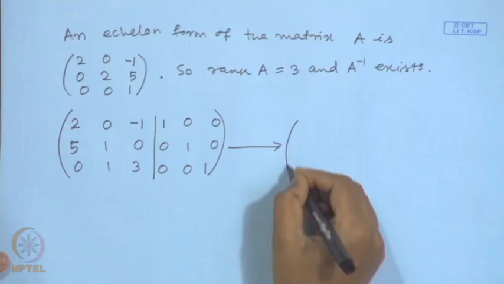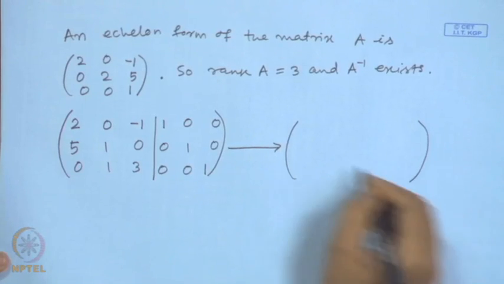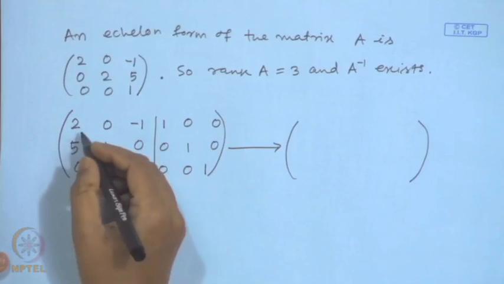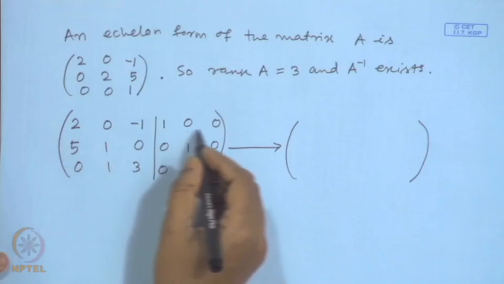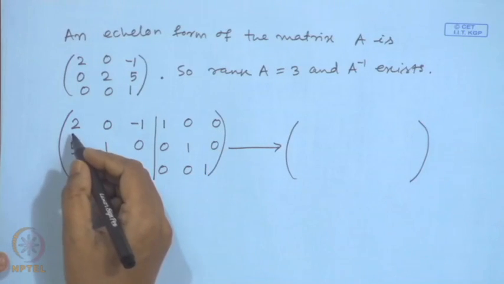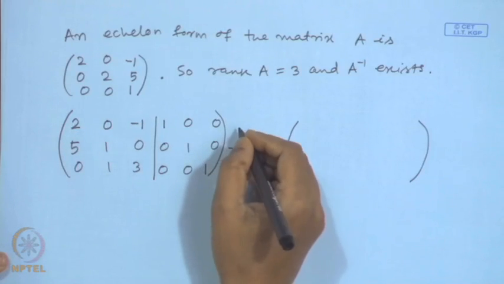So, we get this matrix, that first we divide the first row by 2, so that we will get this first entry equal to 1.